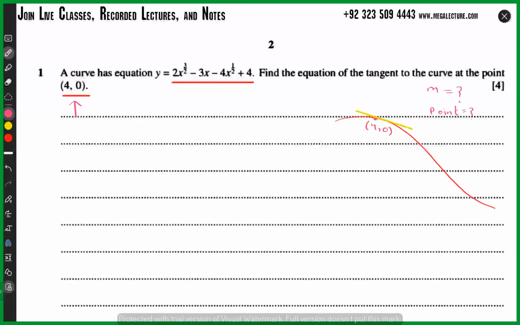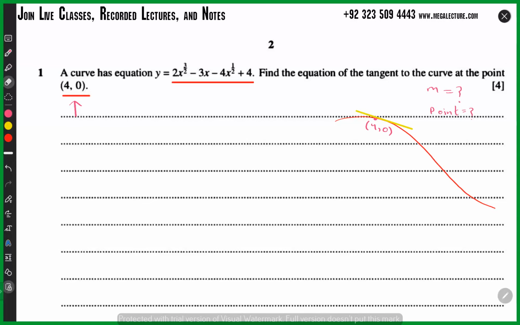When I was talking about the gradient of a straight line, I told you that in the case of straight lines the gradient is the same, but in the case of a curve the gradient is changing continuously. So how do we find the gradient of a curve at any point? By differentiating the equation of that curve and then plugging in the x coordinate. That is something we discussed in the beginning as well.